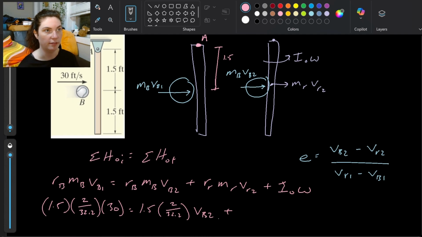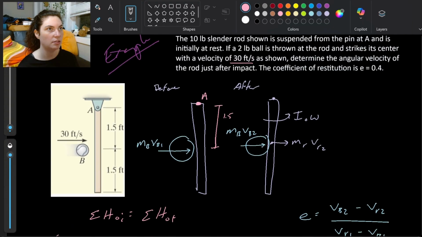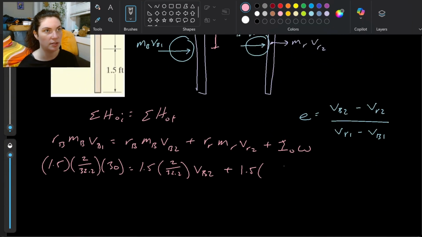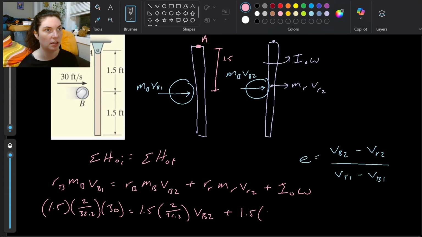Again, another 1.5 feet, so 1.5 times the mass of the rod. It told us 10 pounds for that slender rod, so that's going to give us 10 over 32.2. And then we don't know what the velocity of the rod is, so we'll just leave it as VR2. Plus our moment of inertia times omega.